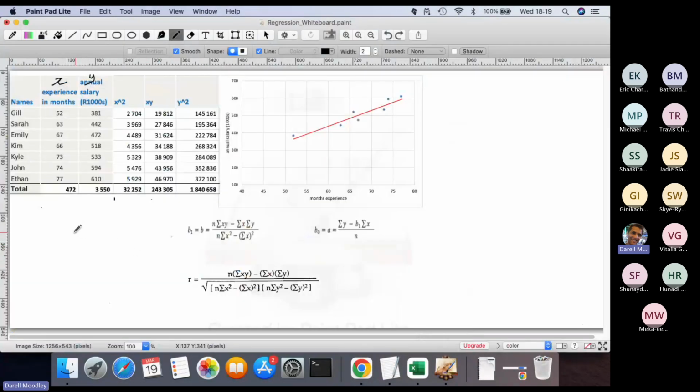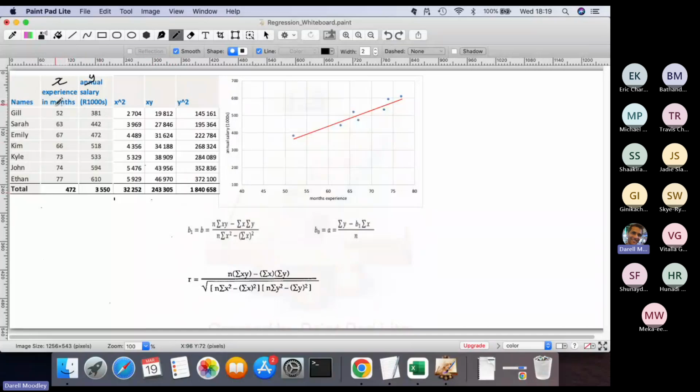So now that you know that that is your x and y, we're going to plot this data. If the question asks you to do a scatter plot, all you're doing is going through each row. Look at the first point here: your x is 52, and your y is 381.